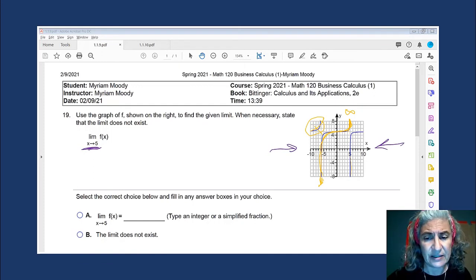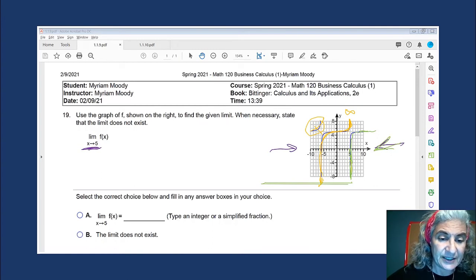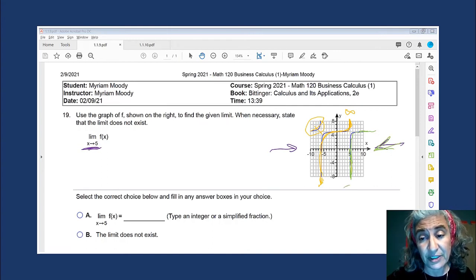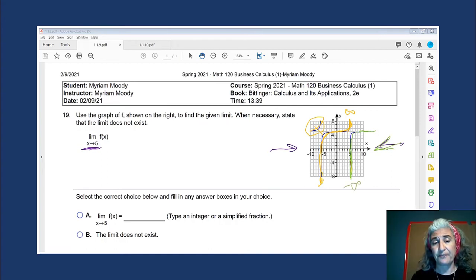Good? Makes sense? Okay, then I am going to look from the right, and this is the graph from the right as it approaches 5. Now, there's no solid dot down here either, which means it keeps going. So, since there's no solid dot there, it looks to me like this one is heading towards negative infinity.